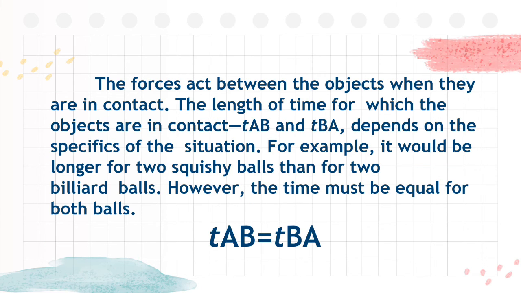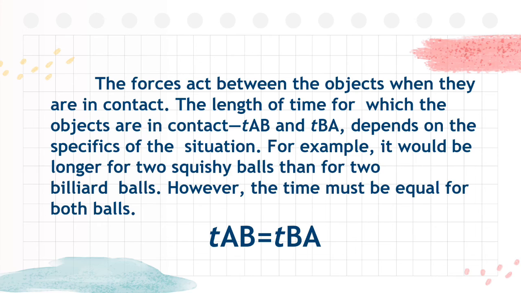The forces act between the objects when they are in contact. The length of time for which the objects are in contact, time on A due to B and time on B due to A, depends on the specifics of the situation. For example, it would be longer for two squishy balls than for two billiard balls.